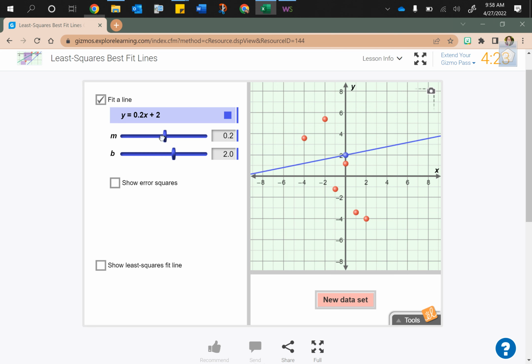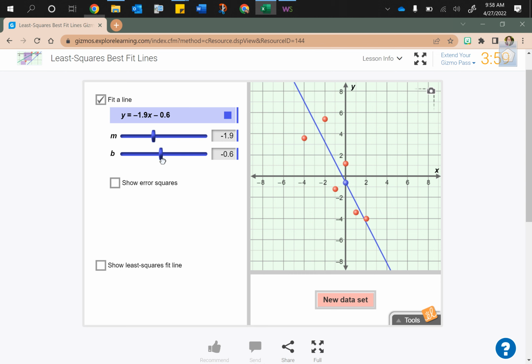So if I move my little guy over here, is that closer? Is that a better fit? It is a better fit than what we started with, but now what do I need to do? We need to move the y-intercept. We need to shift it down. So we're trying to find a good relation for this line. But who's to say that this line right here is a better fit than this line right here? How do we know?